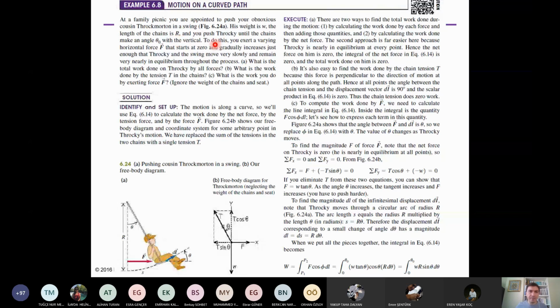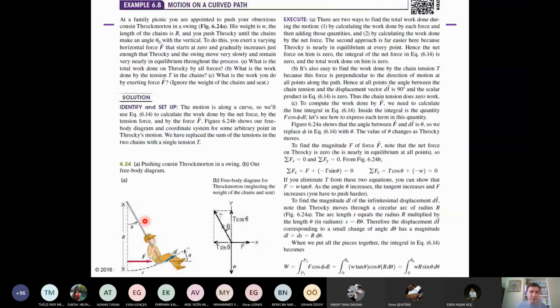Chain of the swing. And you push Trocky until the chains make an angle theta 0 with the vertical. This is the vertical axis, and you apply a push force on this guy to this side until this theta becomes theta 0. Where is it? Here, okay? To do this, you exert a varying horizontal force that starts at 0.